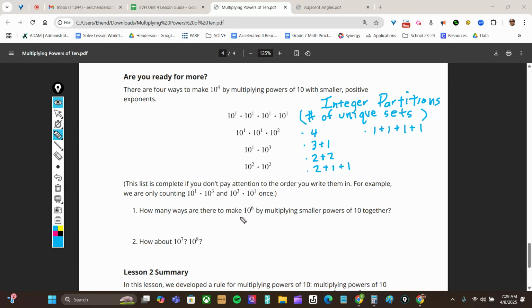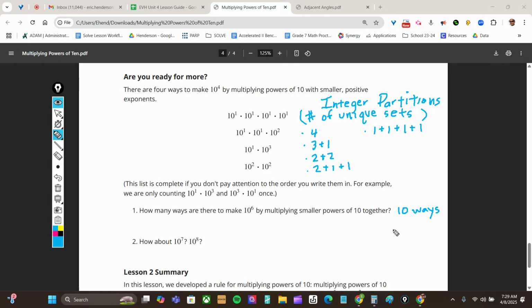So they're asking you for 10 to the 6. Take a minute and try to list as many as you can. I don't even think there's room for you to list them all. Just list as many as you can, but I can tell you there's 10 ways.